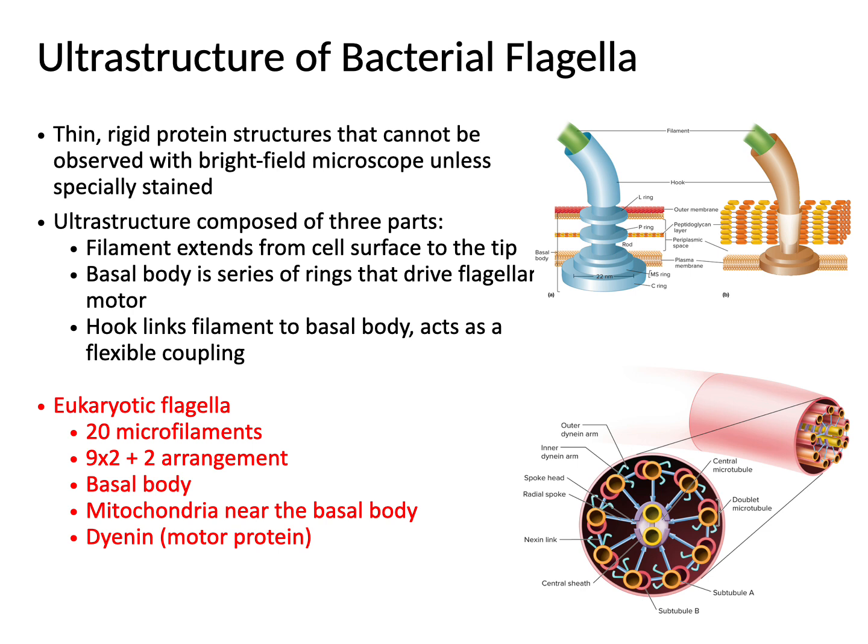Now, I'm going to go out on a limb, but most people have probably seen sperm under the microscope, and that is probably the most common eukaryotic cell with a flagella that most people have seen.